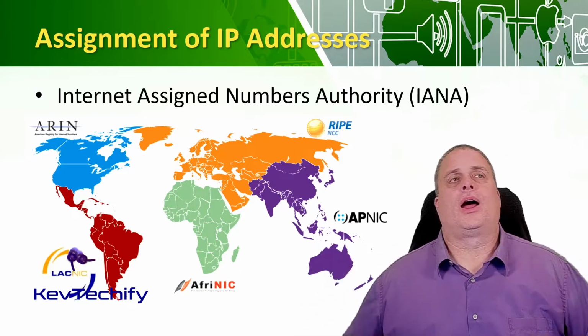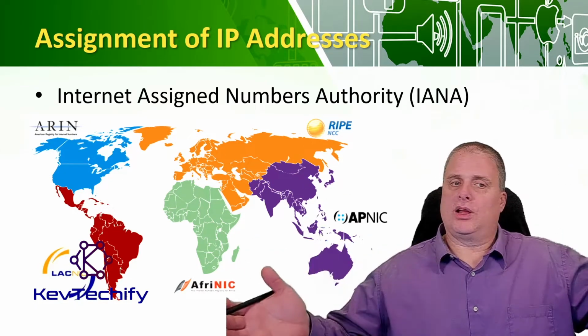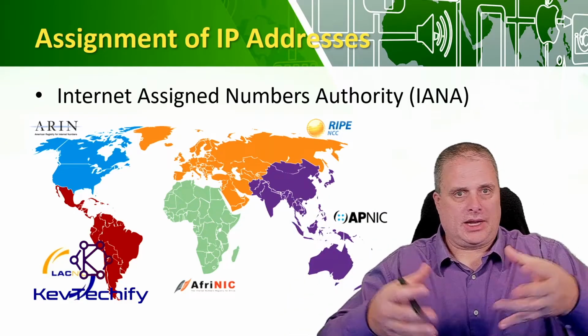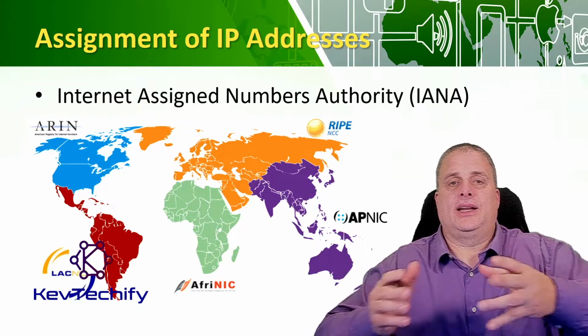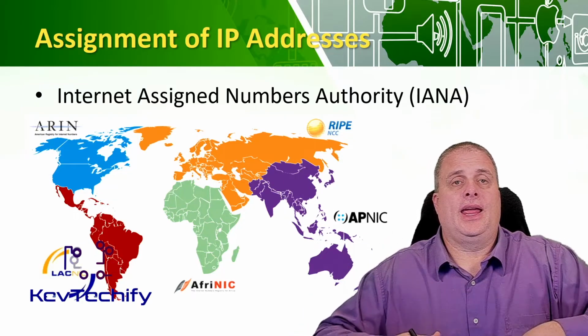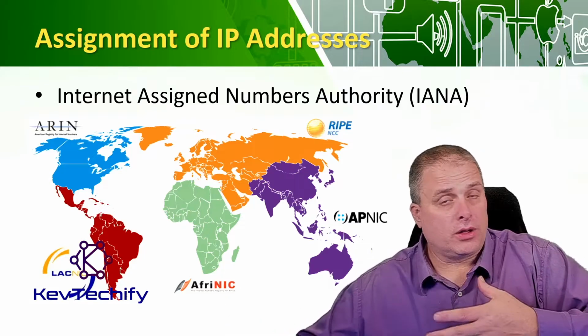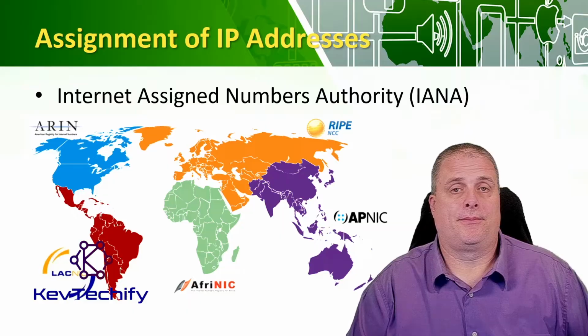So this whole process starts at a global level, then goes down to a regional level, kind of like by continent. Each one of those regions hands out IP addresses to their internet service providers, who then hand it out to either smaller internet service providers or to their clients.